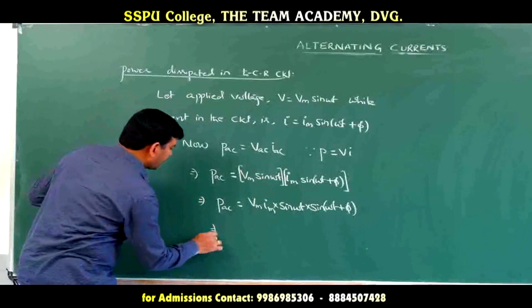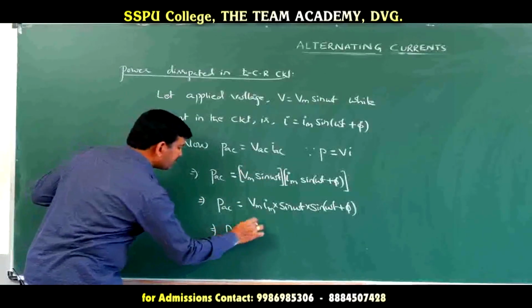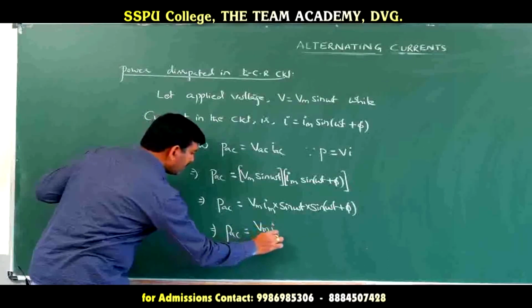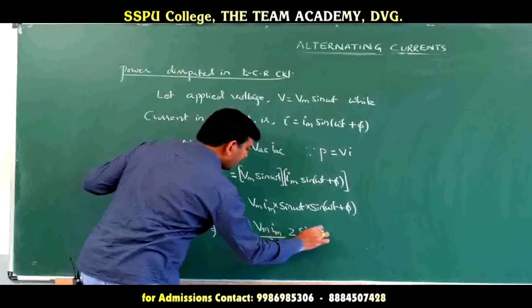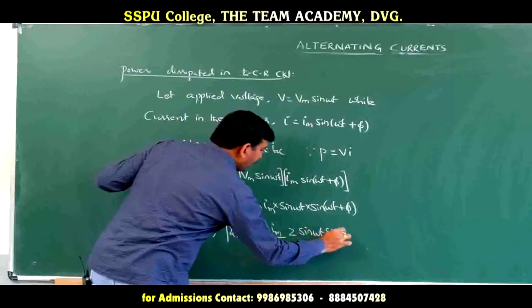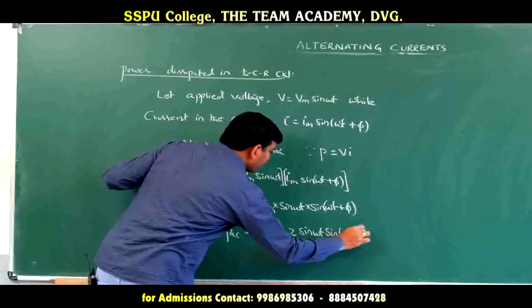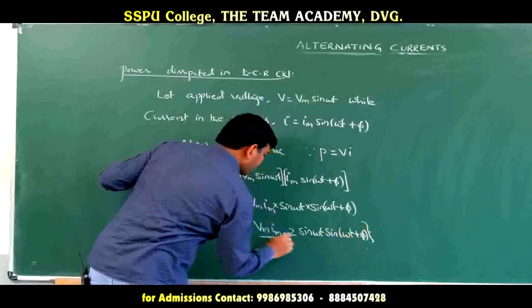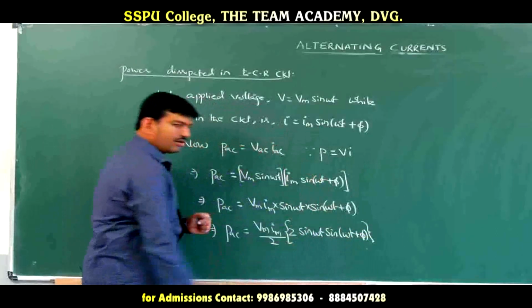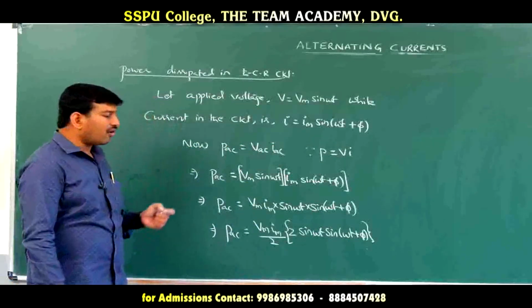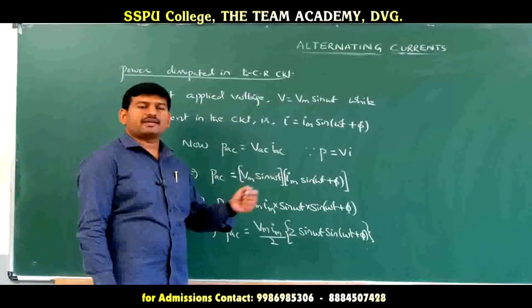Then P_AC is equal to Vm Im divided by 2 into 2 sin ωt sin(ωt + φ). This term is of the form 2 sin A sin B, which is nothing but cos(A − B) minus cos(A + B).